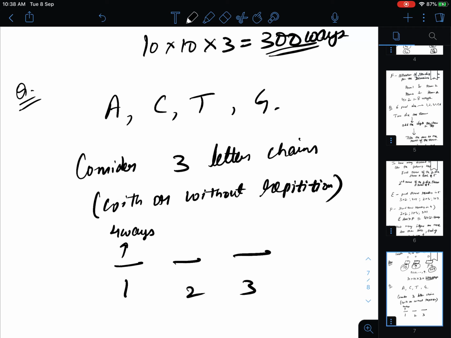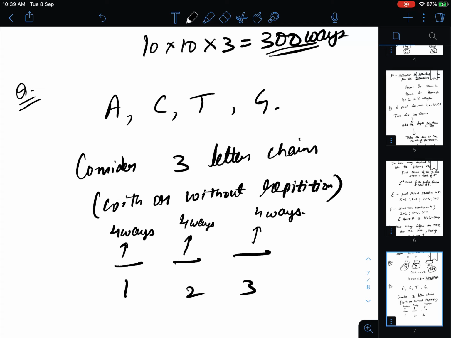Okay, since repetitions are allowed, the second space can also be filled up in 4 ways. Okay, thus the first 2 places can be filled up in 4 into 4, 16 ways by the fundamental principle of counting. Now the third place can be filled up in 4 ways as well.